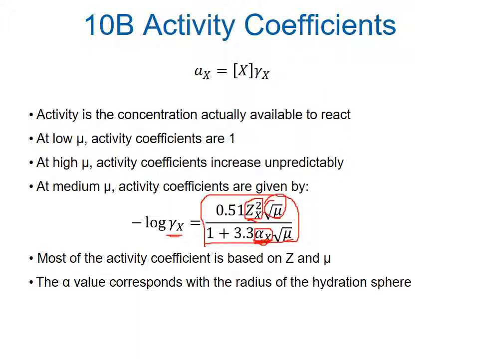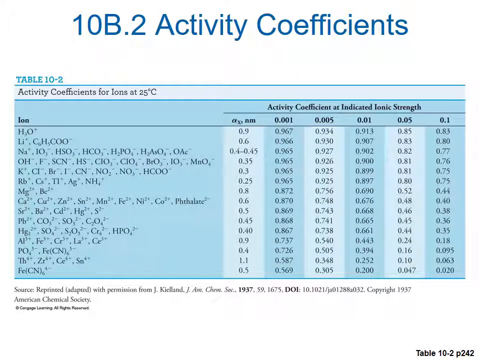Nevertheless, we can use tabulated values of those different alphas, and those tabulated values are all on table 10.2 of your text. Pretty much any text will reproduce from the same journal article a long time ago these same alpha values and tabulated ionic or activity coefficients at different ionic strengths.